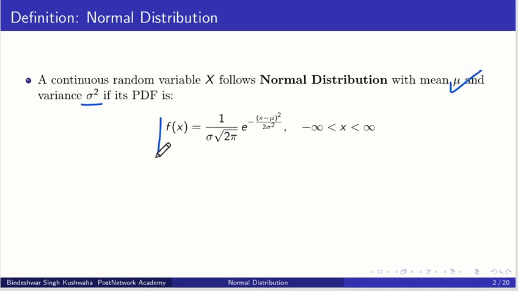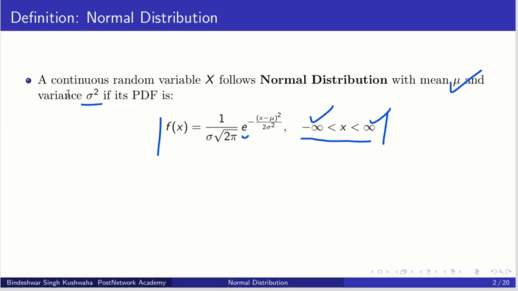Its PDF is 1 upon sigma under root 2 pi, e raised to minus x minus mu whole square upon 2 sigma square, where x lies between minus infinity and infinity.